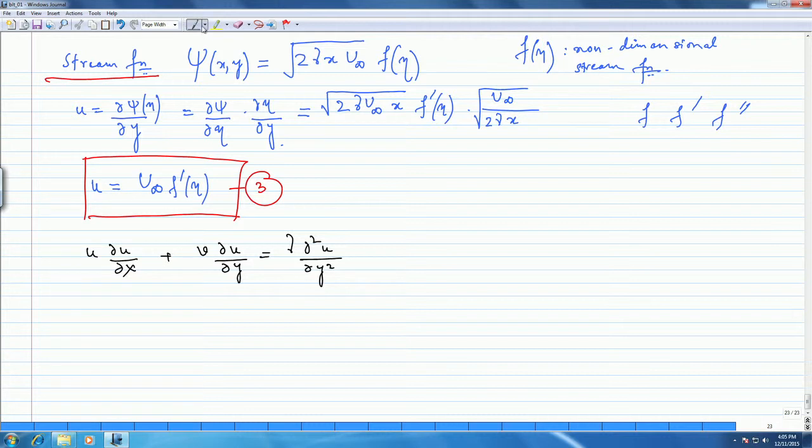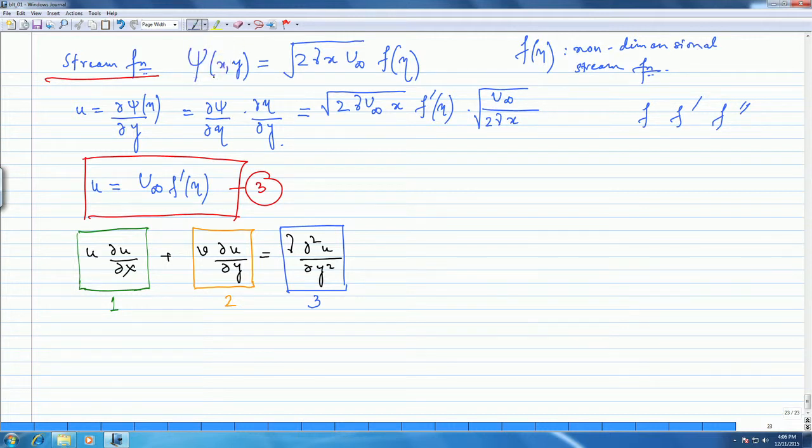Let's call these terms: this is the first term, this is the second term, and this is the third term.